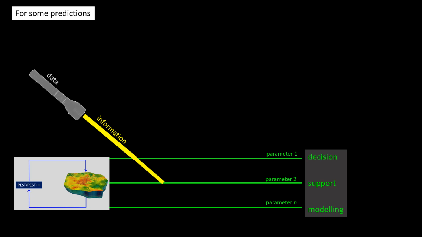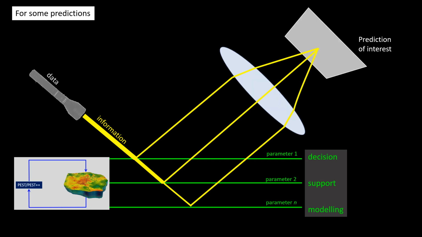Now that information may inform not one but many parameters, as we saw in our previous little model that we talked about earlier in this video. For some lucky predictions, that information is recombined in order to inform a prediction of interest.